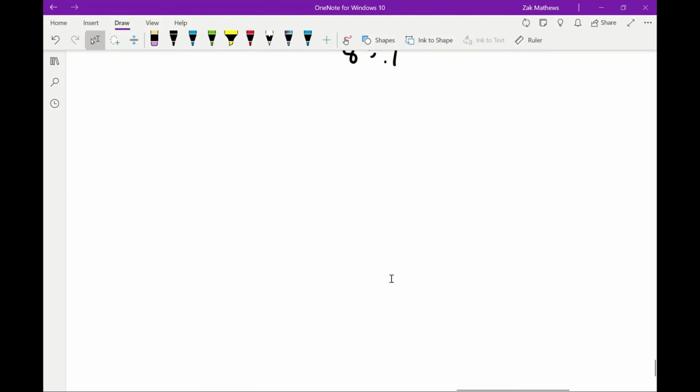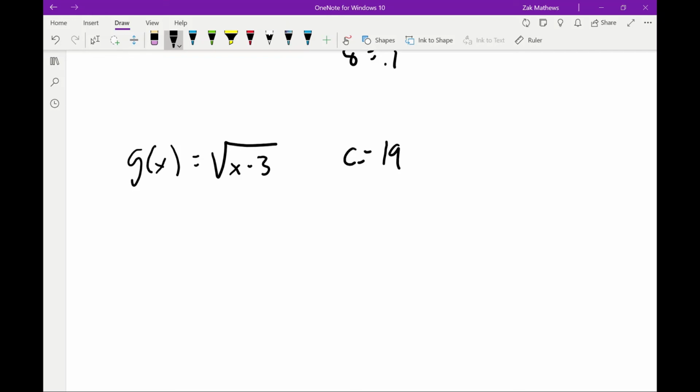Let's take one more example. This one I don't want to be linear, just so we can see how they might not have the same values when we do that x minus c step. So let's take the function g of x is equal to the square root of x minus 3. Let's take a c value of 19, the epsilon to be, we'll say 1.